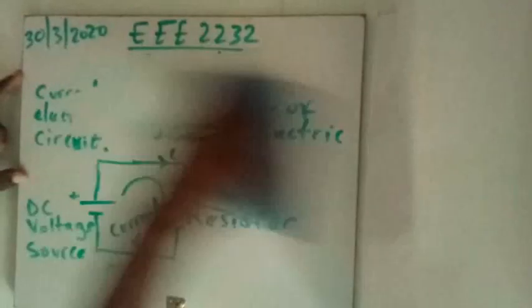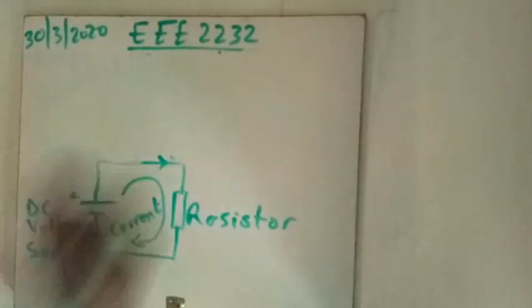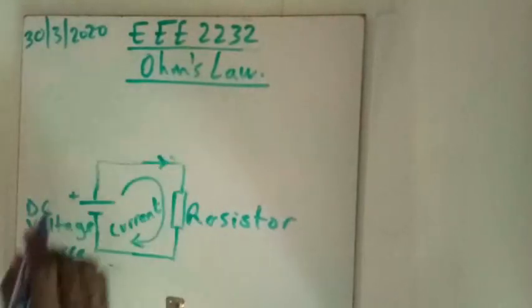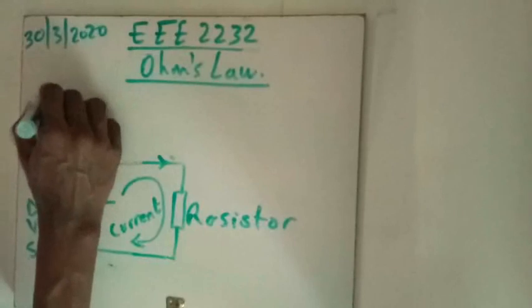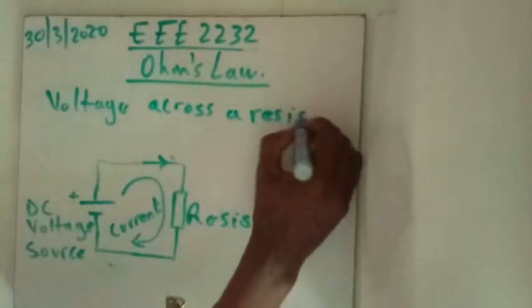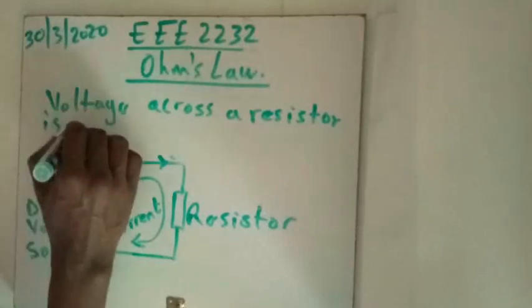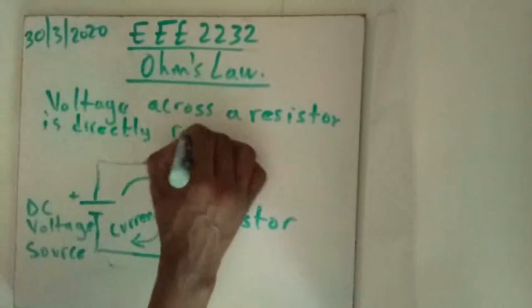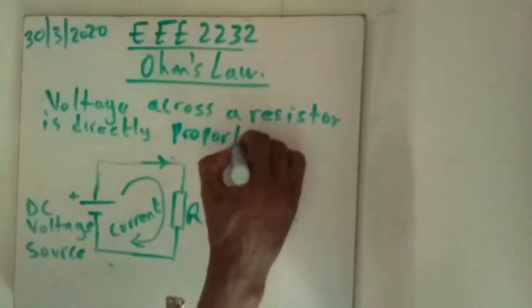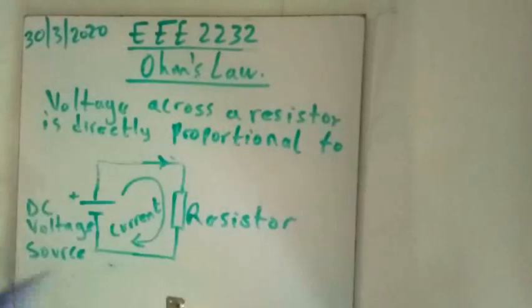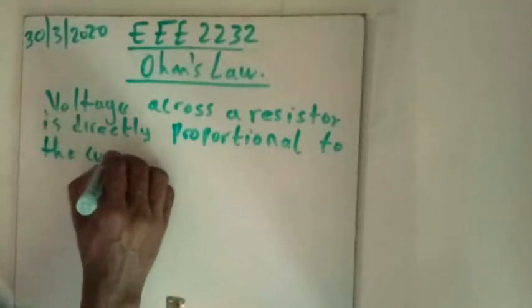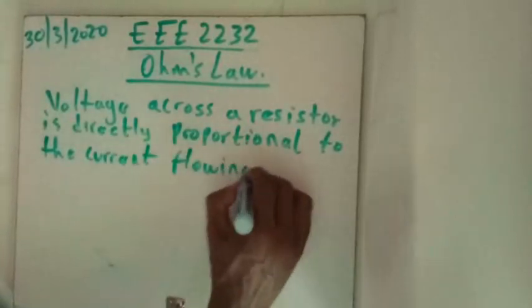So this brings us to Ohm's law. It says that the voltage across a resistor is directly proportional to the current flowing through it.